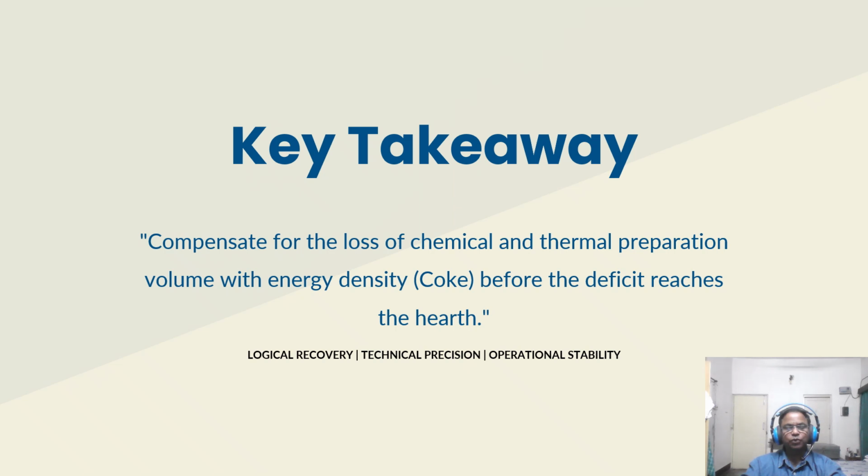The low stock line is not just a level on a gauge, it's a loss of volume that we rely on for chemical and thermal preparation. Our job is to see that loss, calculate its impact using the metrics we discussed, and replace that missing energy with a precisely calculated coke blank before it manifests as a cold hearth. It's about being proactive and not reactive.